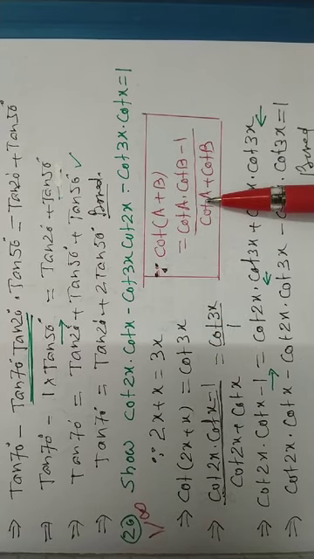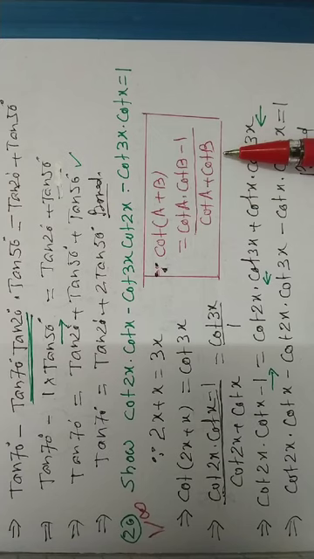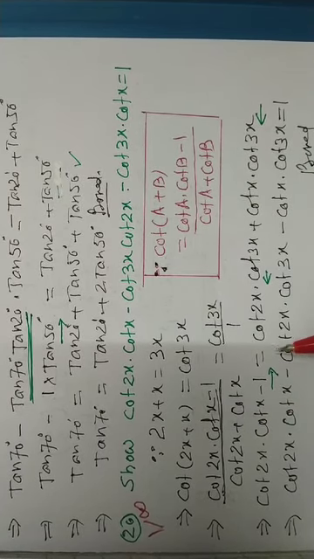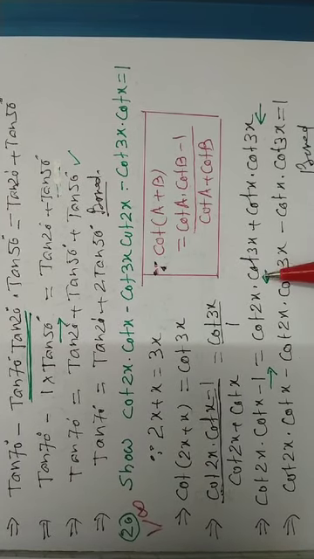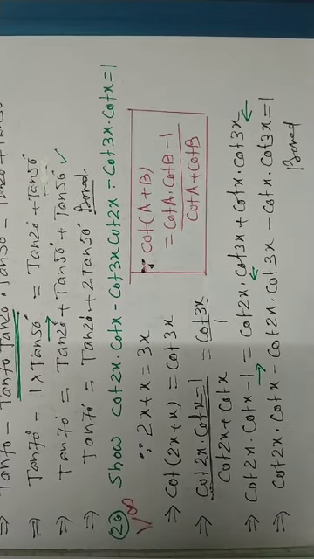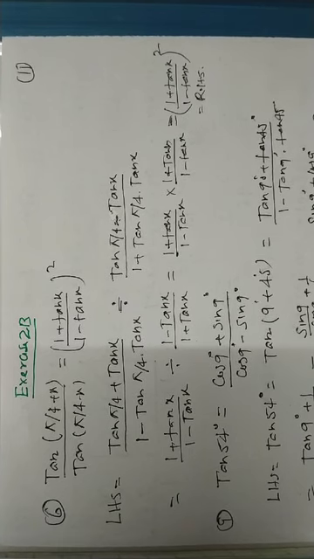And using this formula of cot(A plus B), cot A into cot B minus 1 by cot A plus cot B, write according to the formula and cross multiply. Transfer 1 to the right side, and transfer the two right terms to the left side. The proof is ready.